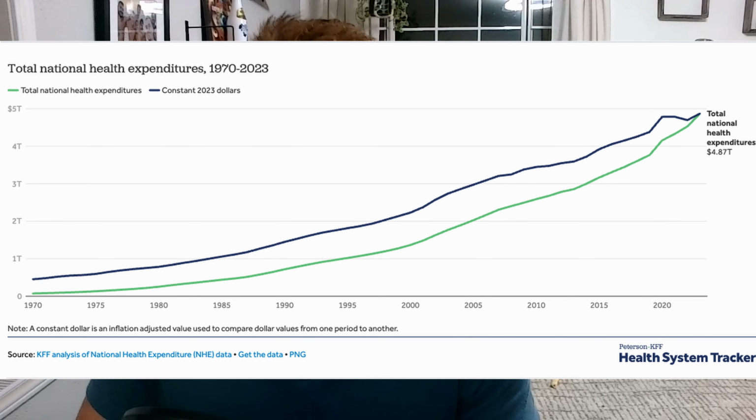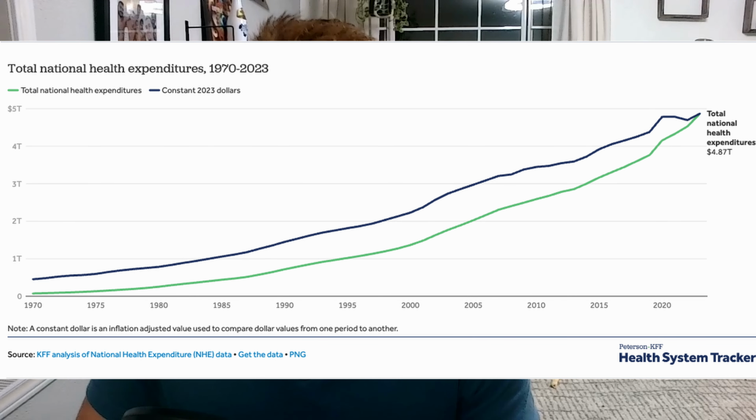Average annual growth of GDP per capita and total national health spending per capita. So GDP is green and health per capita is blue. This is just saying the same thing as this chart, but putting it in a bar chart. The average annual expenditure growth rate for select service types.